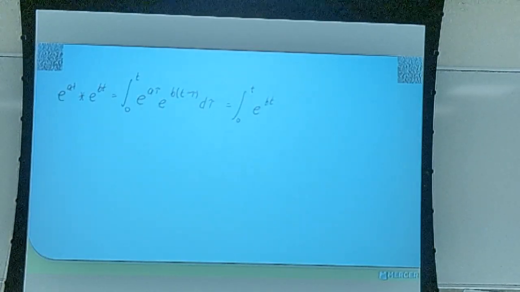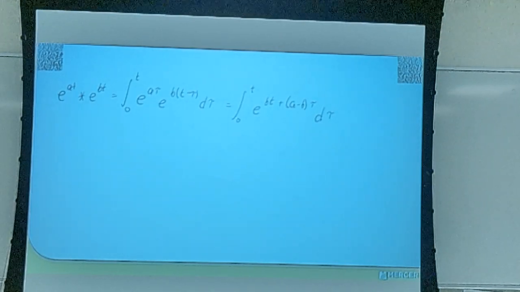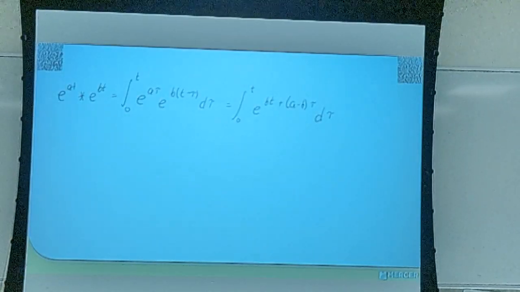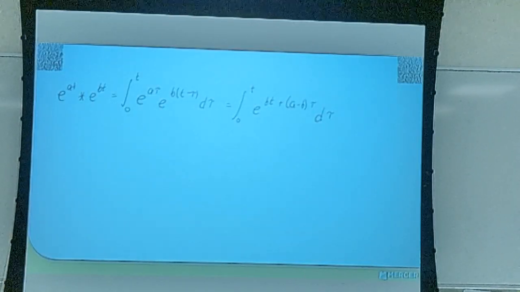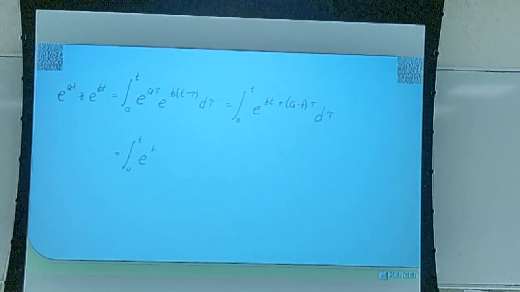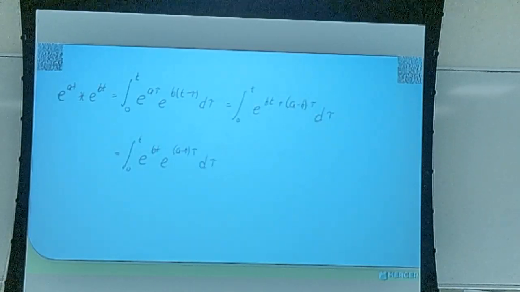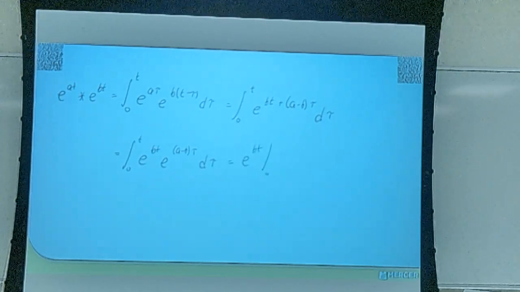So we're going to have bt plus a minus b tau. But with respect to tau, isn't e to the bt constant? So I'll just show this intermediate step. We can factor out that e to the bt and be left with this.